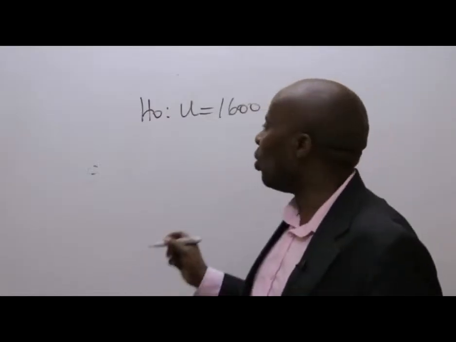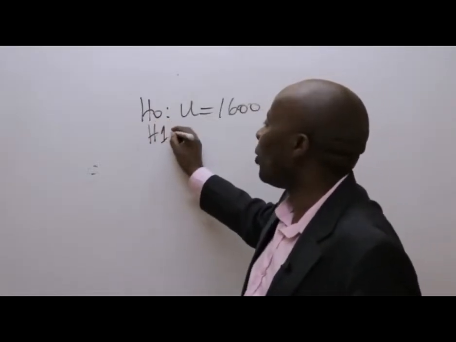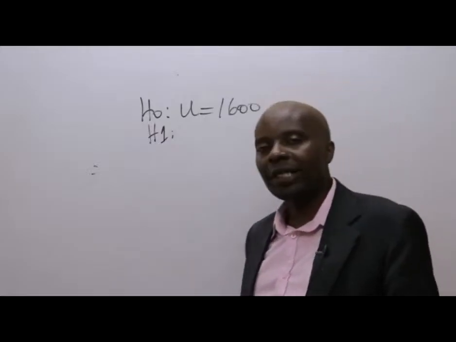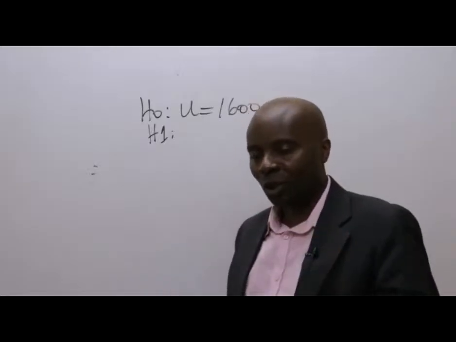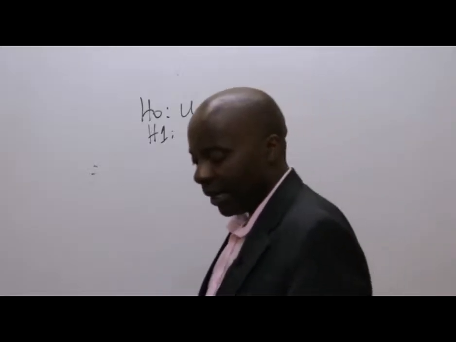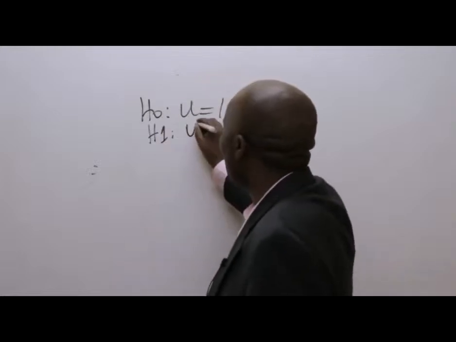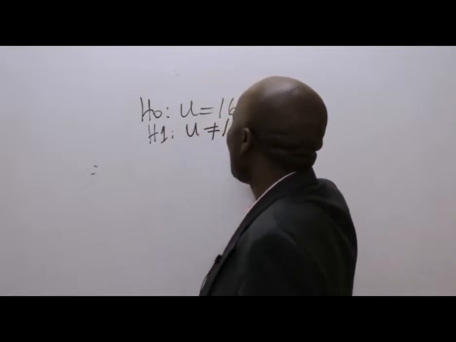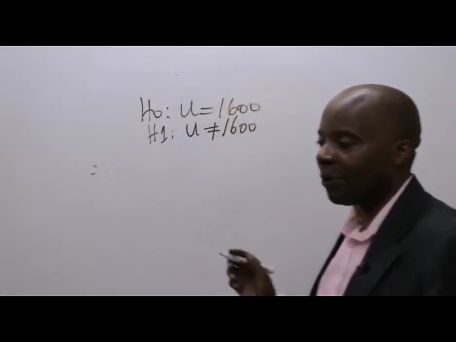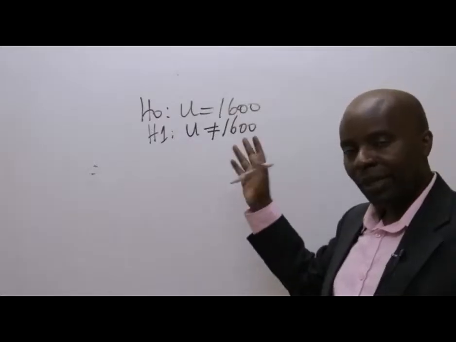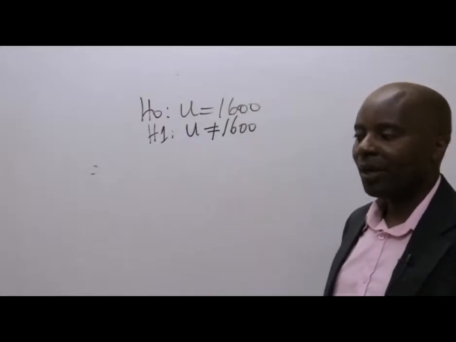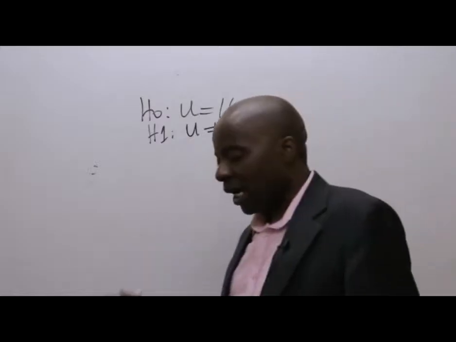Some bulbs will take longer, others shorter. So my alternative hypothesis will be μ is not equal to 1,600, because some bulbs will take more time and others less.